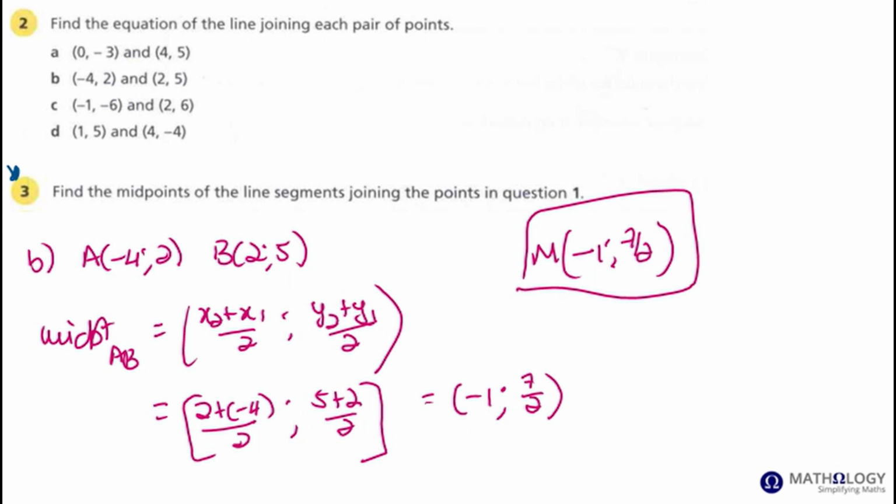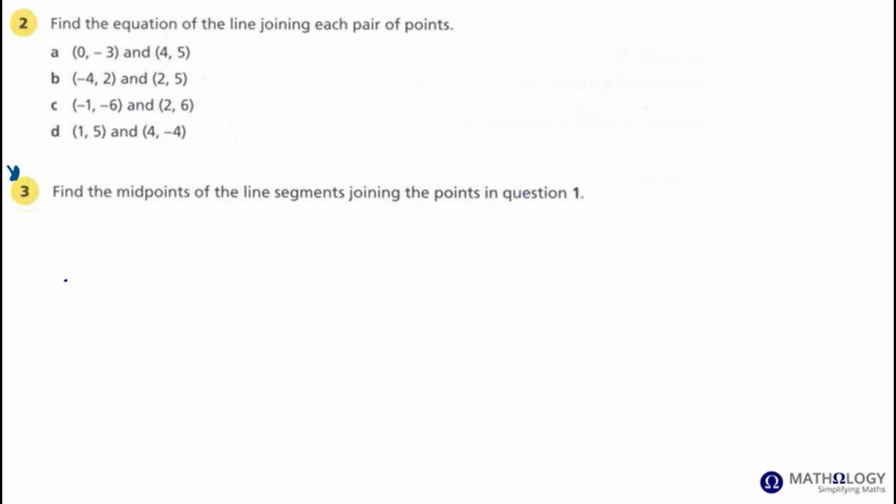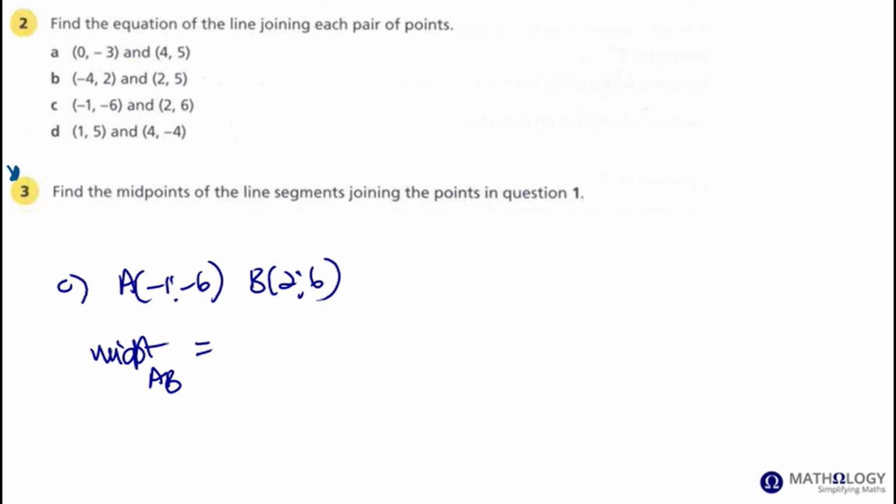We'll do one more and then you're going to do the rest. A is (-1, -6). B is (2, 6). So the midpoint of AB will be x2 plus x1 over 2, y2 plus y1 over 2.